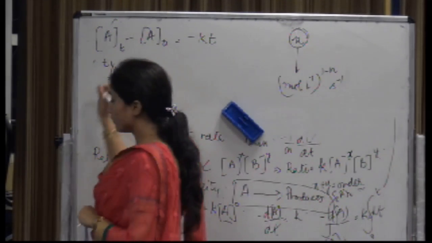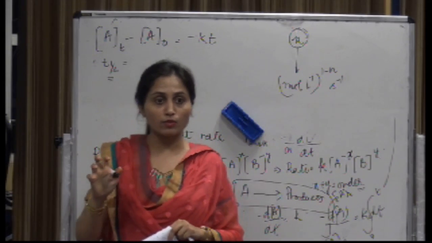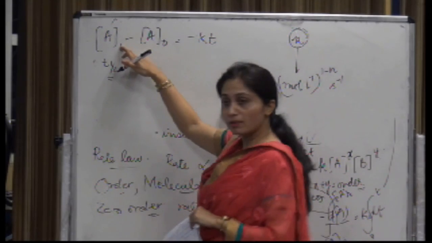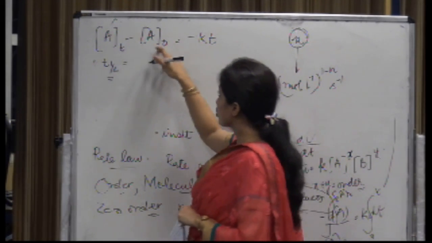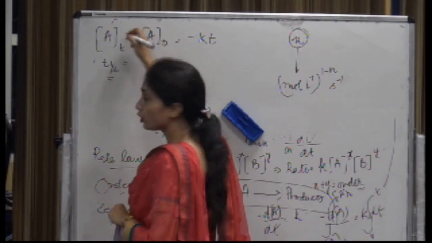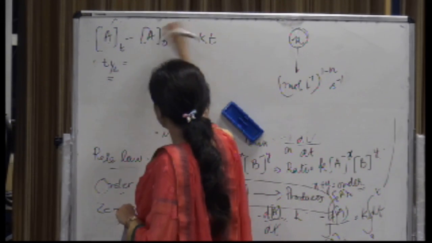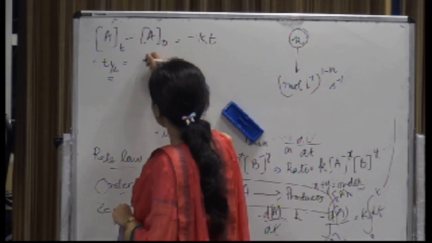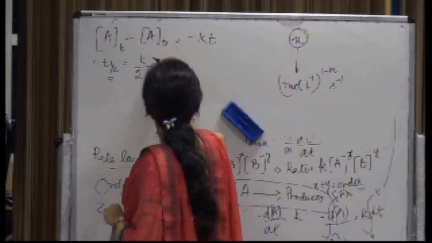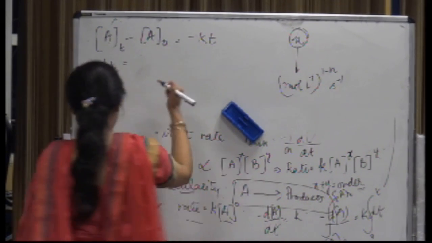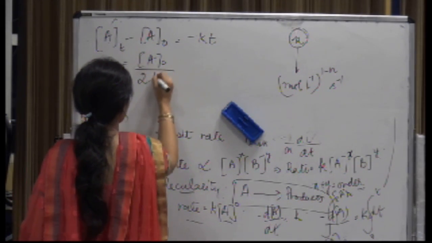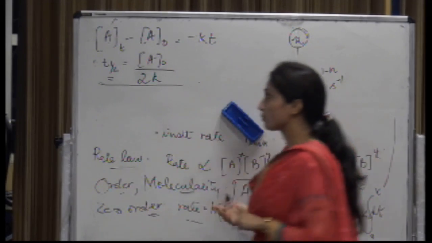Then comes the concept of half-life time. That is the time in which the concentration of the reactant is reduced to its half. So that means your At becomes A0 by 2. So that will be minus half, that becomes plus half. So you have t half to be equal to A0 upon 2K, or R0 upon 2K.